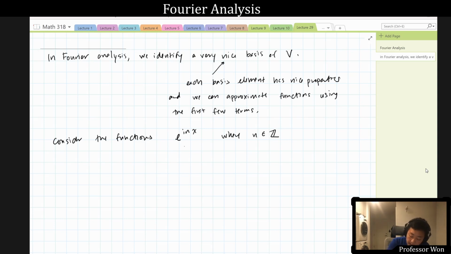And of course, e to the i n x you can also think of as cosine nx plus i sine nx. Now there's a bunch of functions here, right? One for every integer. I'm going to have a ton of functions here. But we can understand these functions somewhat because they have a nice representation. I've just written down a very nice representation of the function. So what are these functions like?